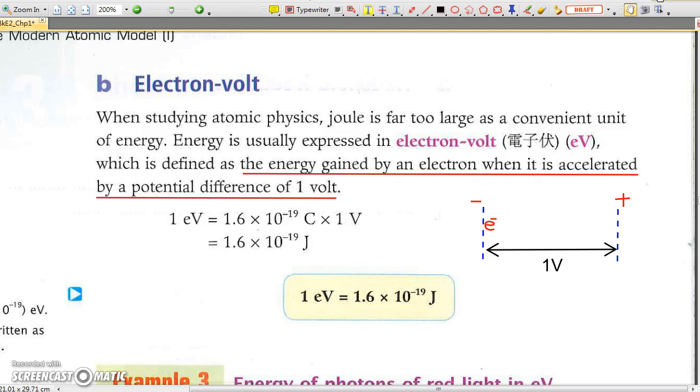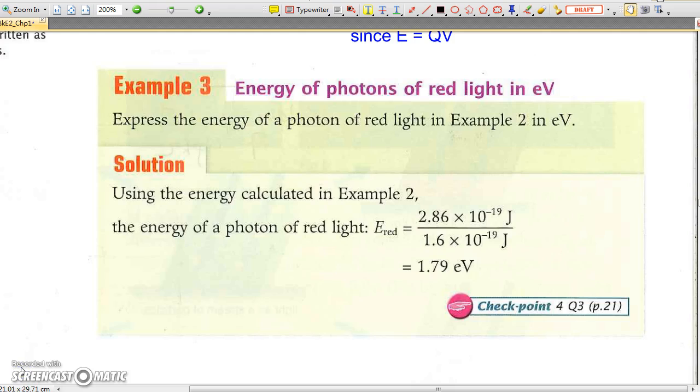The energy that it gained will be given by 1 electron volt, which comes from the equation E equals QV in book 4. In this way, we may express the energy of a photon of red light to be 1.79 electron volts. More realistic, right? You don't have to use scientific notation anymore.